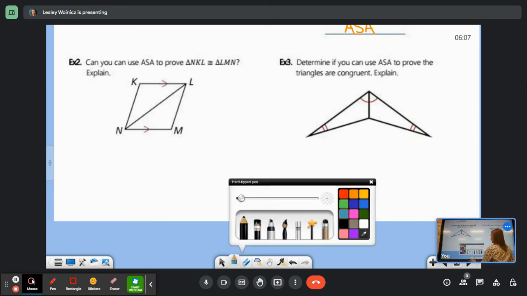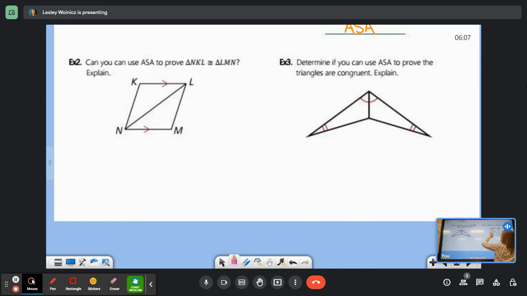These two triangles share a side, and that side is congruent to itself by the reflexive property. I also have two parallel lines because these sides are parallel to each other. Let me just extend my parallel lines like we practiced.